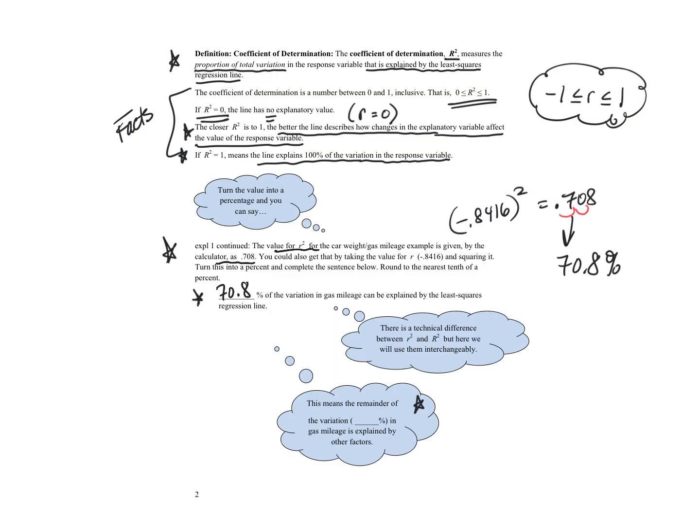Now, what this is all about is that 70.8% of the variation in the gas mileage, how those numbers varied through the table, could be explained by our regression line. So our regression line's doing a pretty good job of showing the relationship between weight and gas mileage.